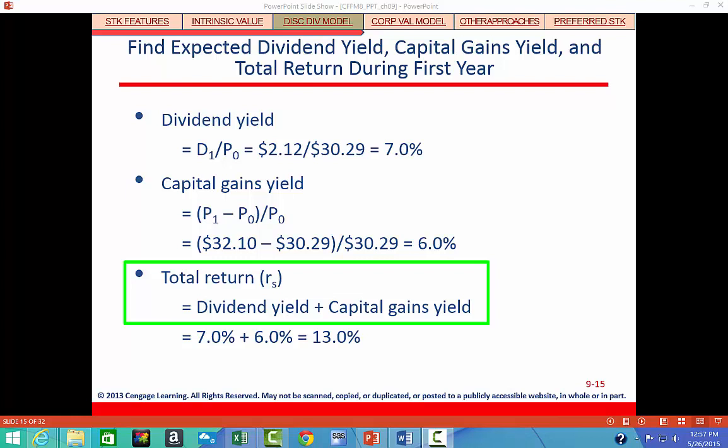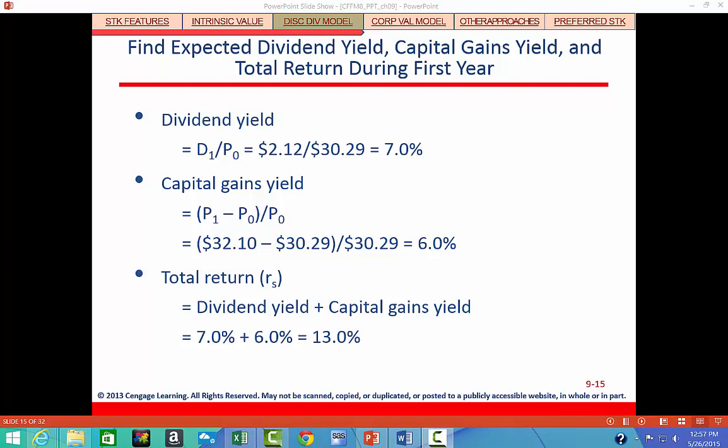And you can see down here we have the total return is equal to the sum of those two. For the example numbers that we had before, the dividend yield is always D1 divided by P0. So it's the next expected dividend divided by the current market price. And what we had was $2.12 for the next expected dividend and $30.29 for the intrinsic value or the price we think it's worth today.